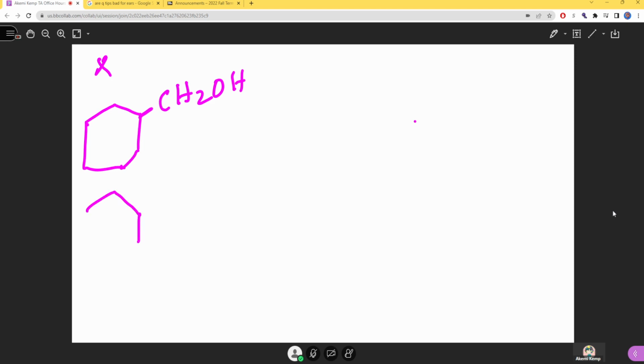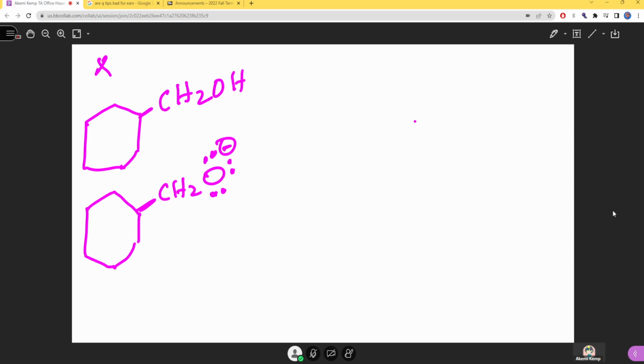So let's do this. X was this. So then the conjugate base of this same product X would be this. The oxygen now has a negative charge. So this is the conjugate base.